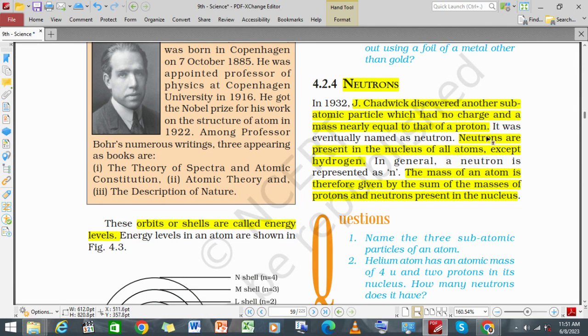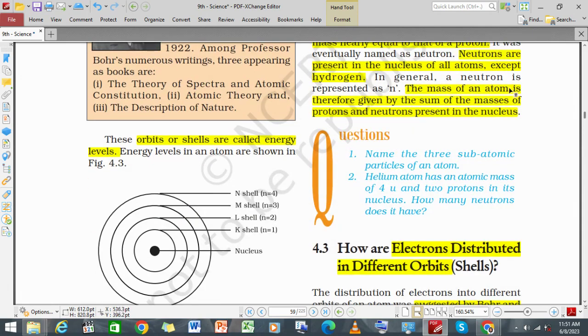They named it the neutron, and neutrons are present in the nucleus of all atoms except hydrogen. The mass of an atom is therefore given by the sum of the masses of protons and neutrons.